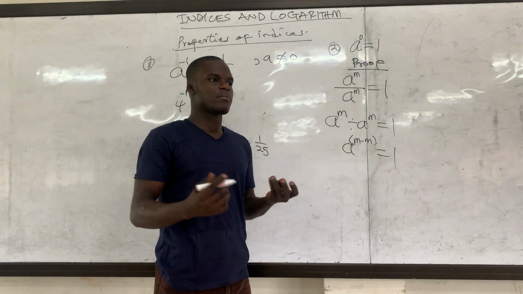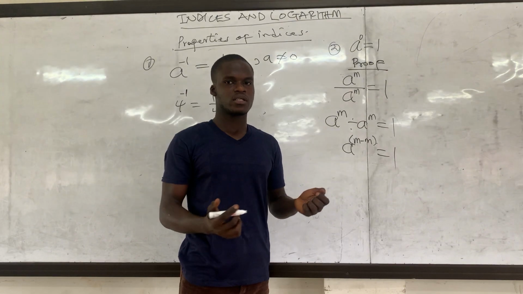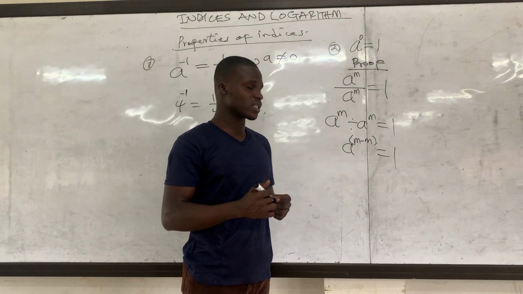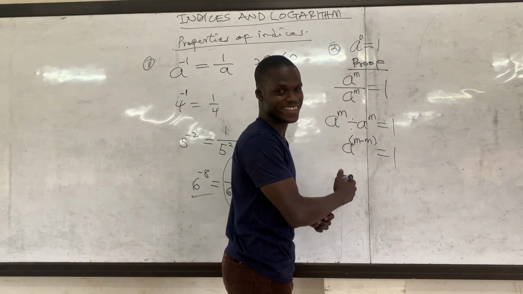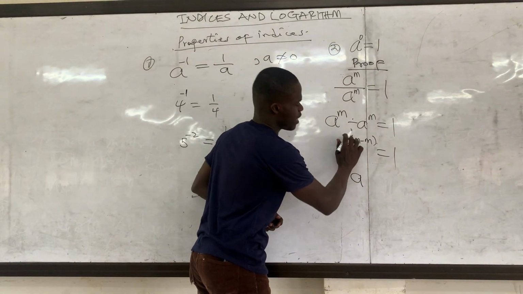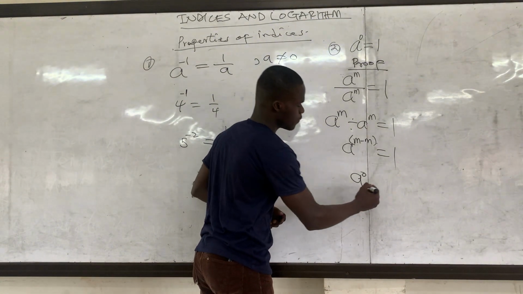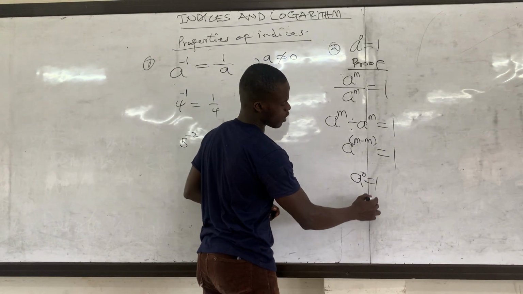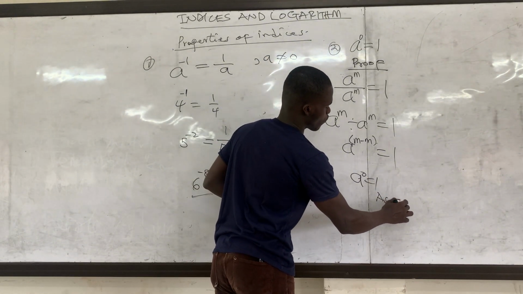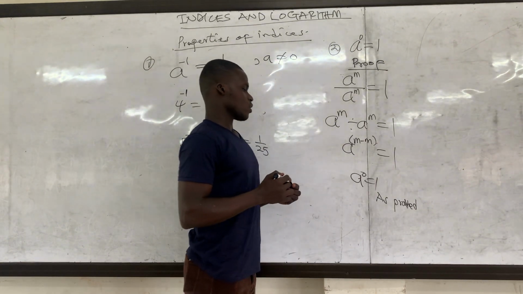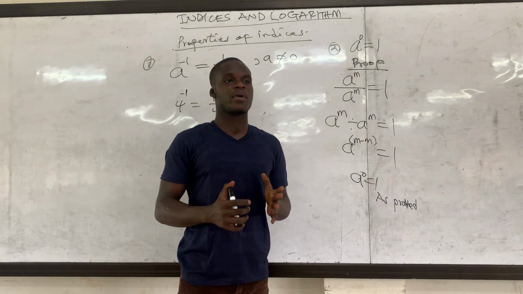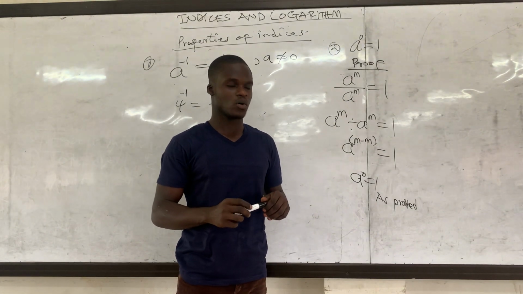And any number subtracted from itself should be equal to 0, if I'm right. And I know I'm right anyway. So a exponent n minus n is going to be a exponent 0, and then you are going to get this to be equal to 1. So good. This is the proof that any number exponent 0 should actually be equal to 1.